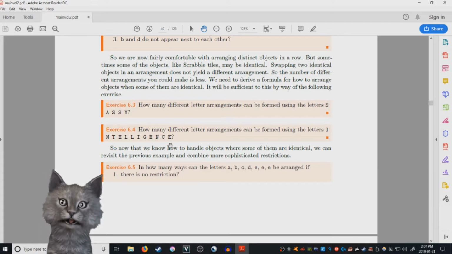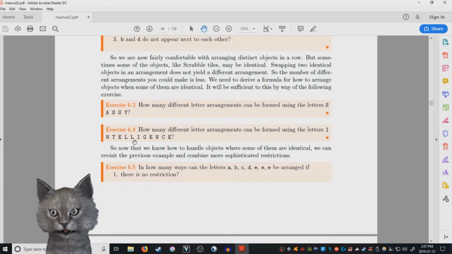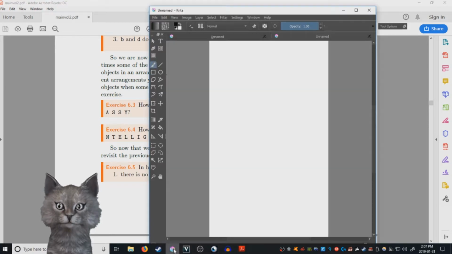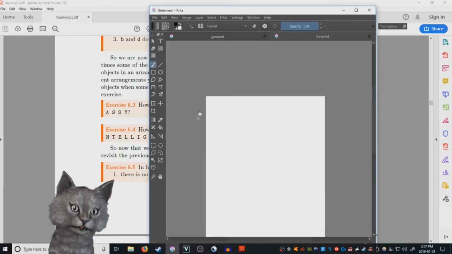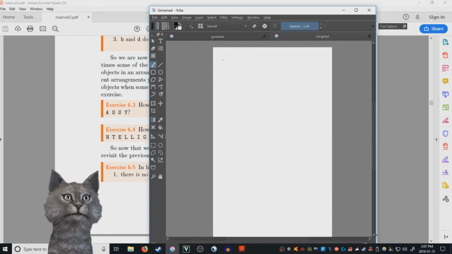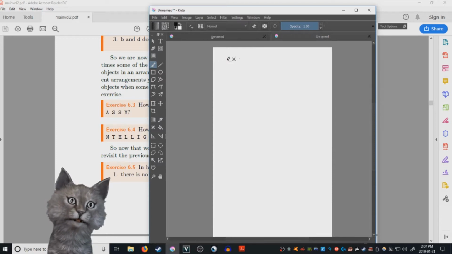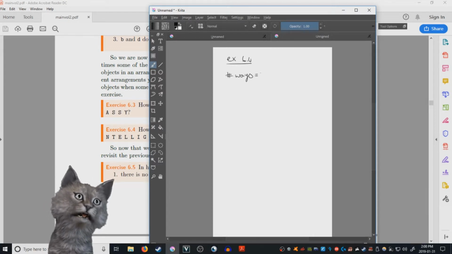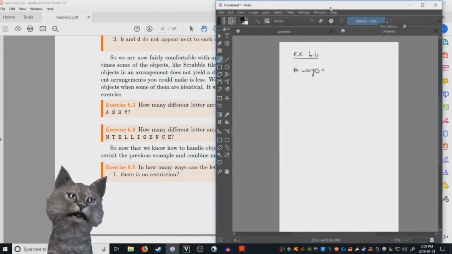So now you look, first of all, there are duplicate letters. So my formula is going to say, I'll do it like this, over here. So this is now exercise 6.4.